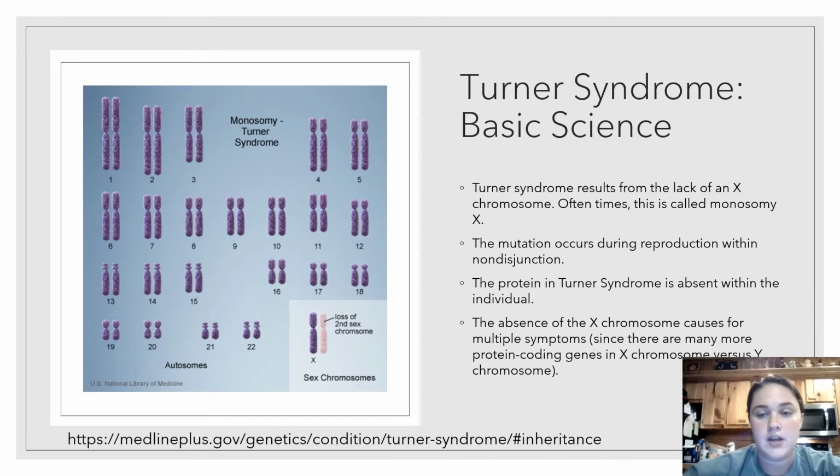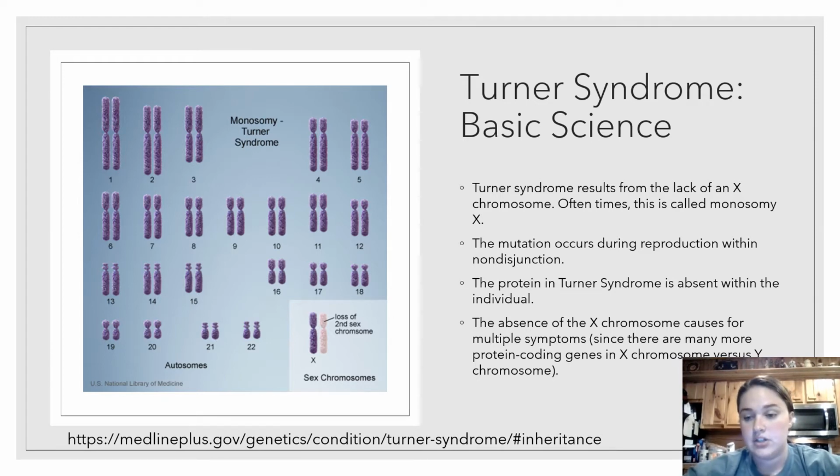So we will begin by discussing the basic science of Turner syndrome, which is really why Turner syndrome occurs. Turner syndrome occurs because of monosomy X, which is the lack of or partial lack of an X chromosome.